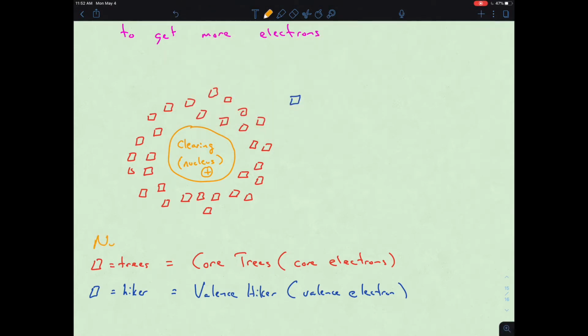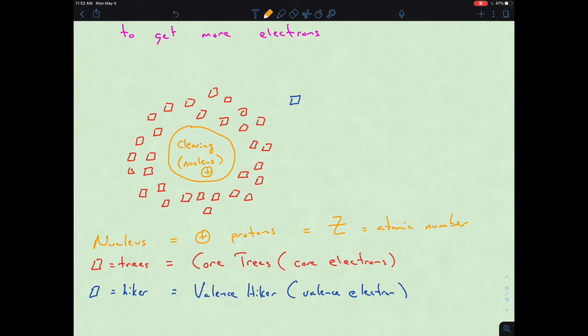Our nucleus, which is positive because of the protons, has Z, and that's the symbol for the atomic number.